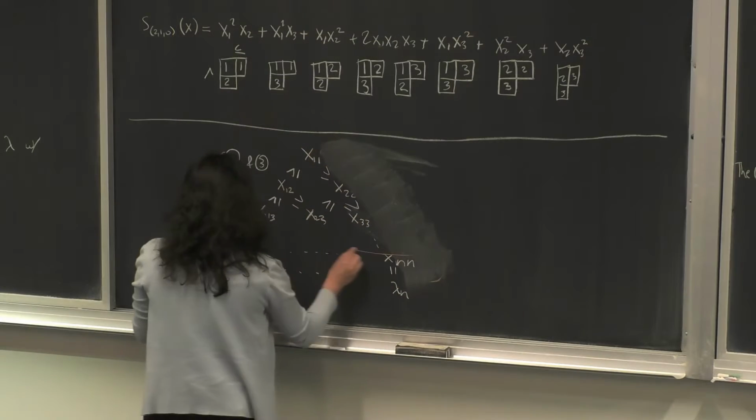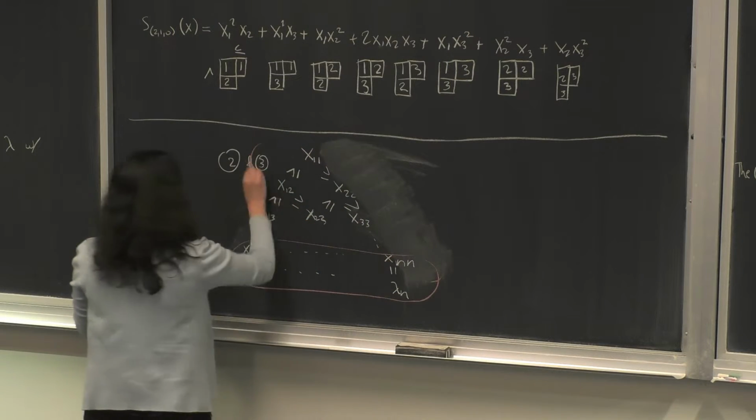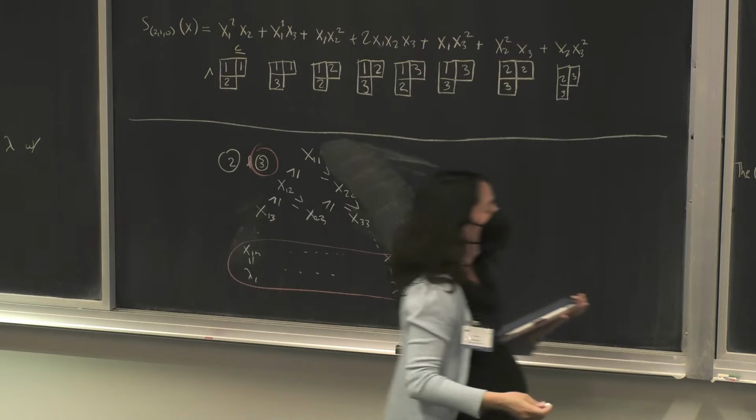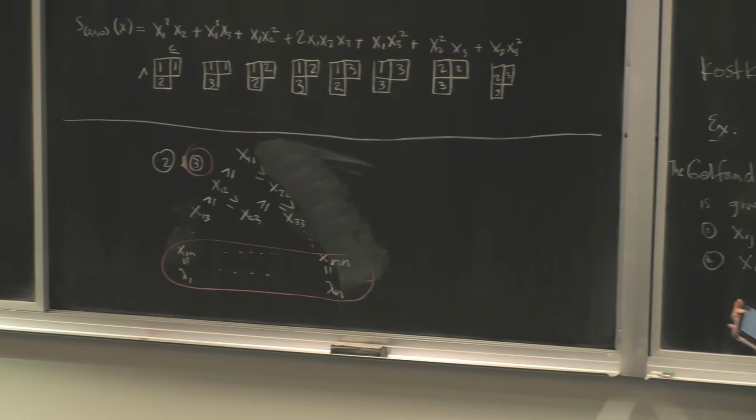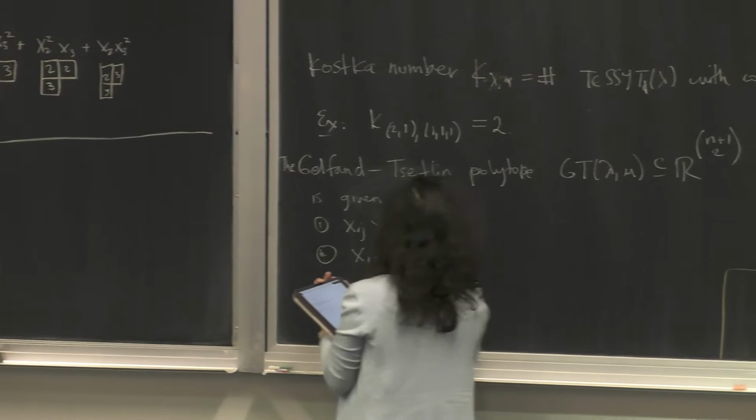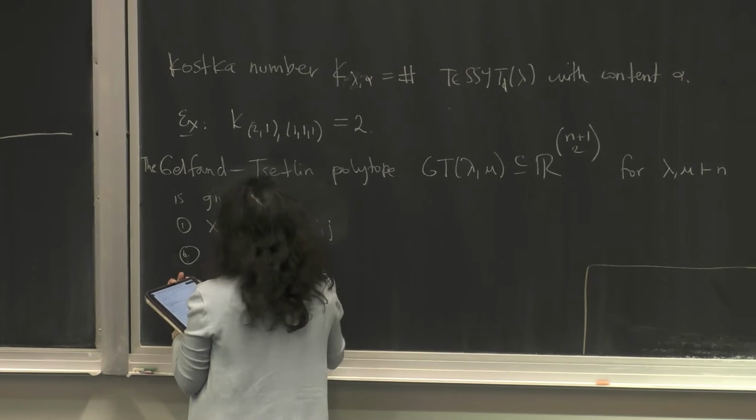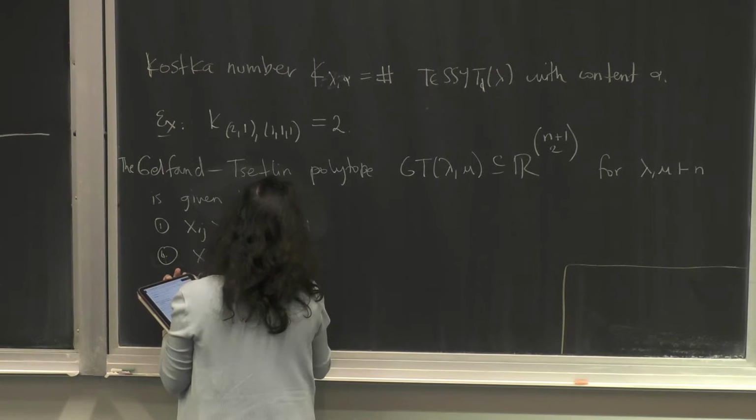Okay, so this is condition number 3. And condition number 4 is that I want this to be mu_1, and then, well, I guess I could have written it in one go.